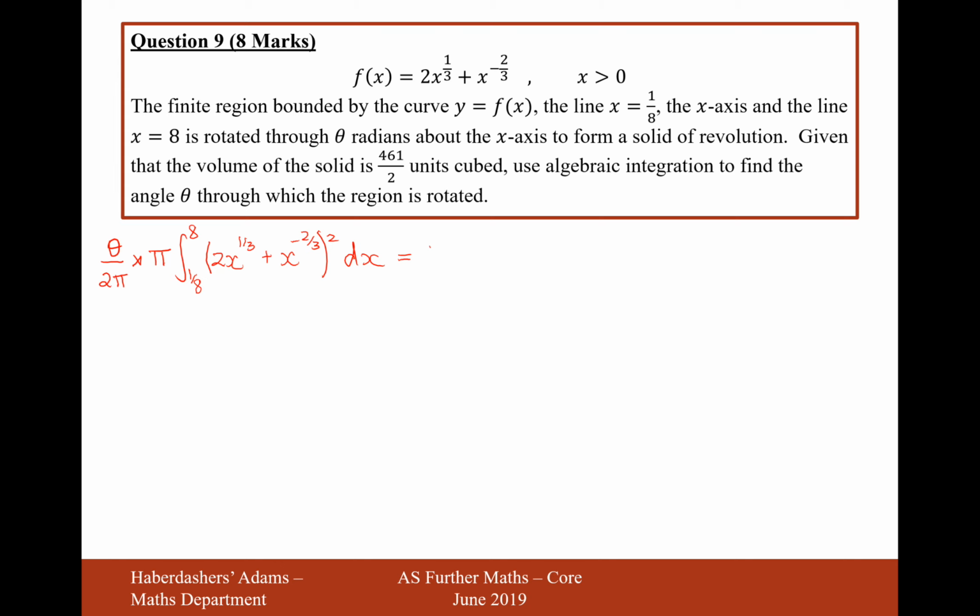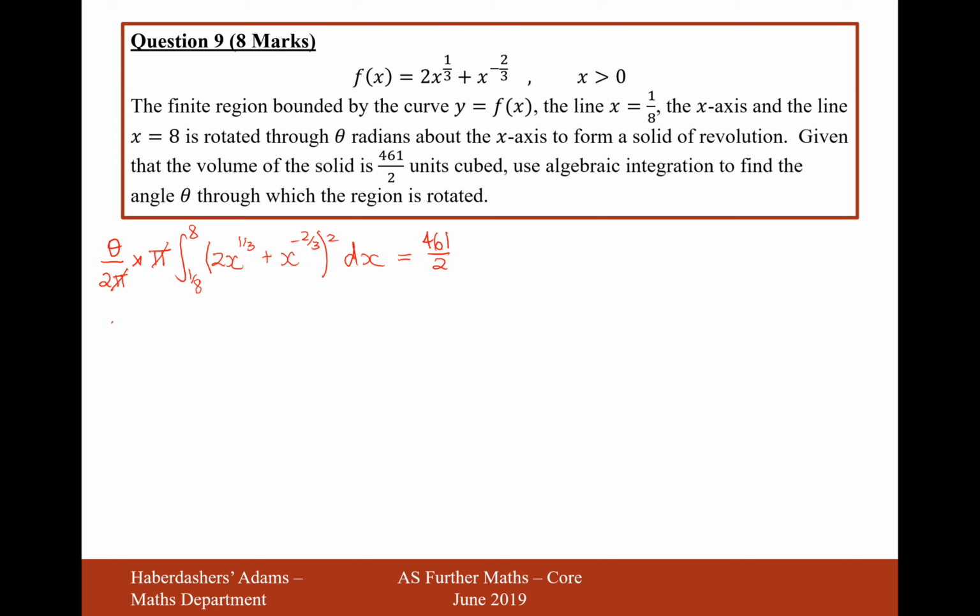And then this will equal 461 over 2, because theta is how many radians you'll do. 2 pi radians is the full turn, so if it was 2 pi, then this fraction here would just cancel out. So we could cancel out the pi's there, and we cancel out the divide by 2's.